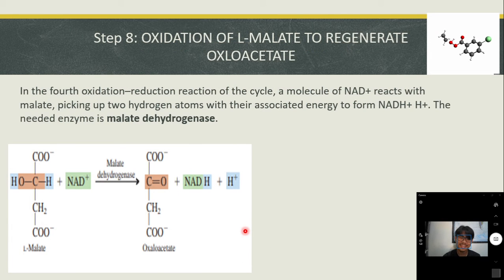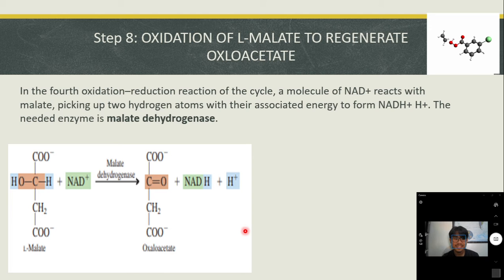In step 8, the oxidation of L-malate to regenerate oxaloacetate. So do you have an idea? From step 1, we discussed the oxaloacetate, and from step 8, there's an oxaloacetate again. It is the fourth redox reaction of the cycle. A molecule of NAD+ reacts with malate, picking up two hydrogen atoms with associated energy to form NADH and H+.